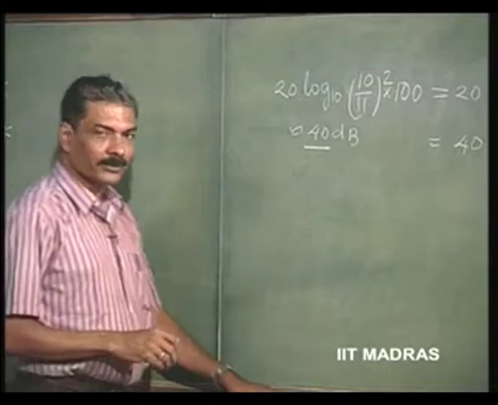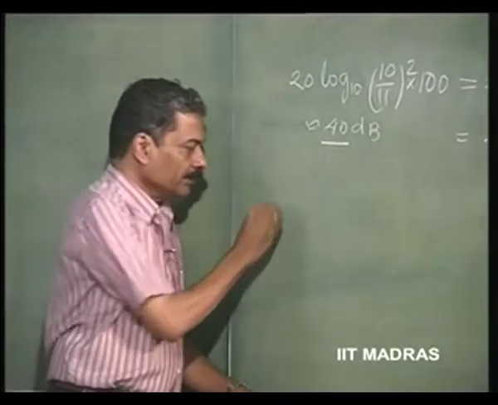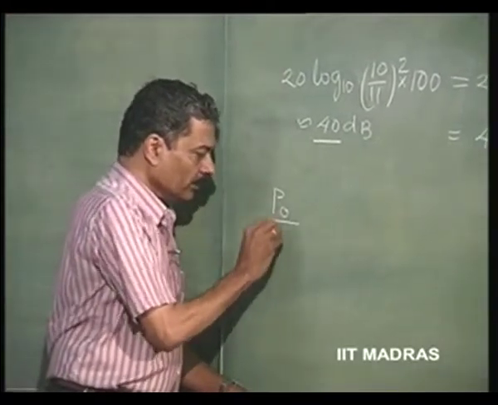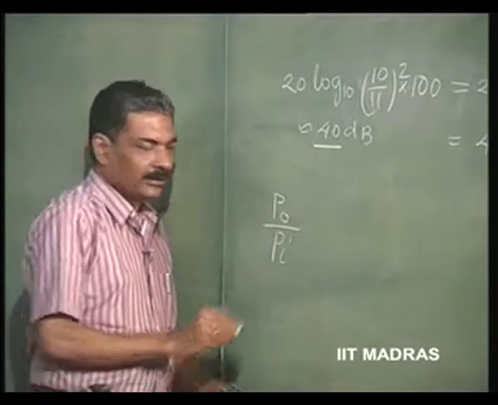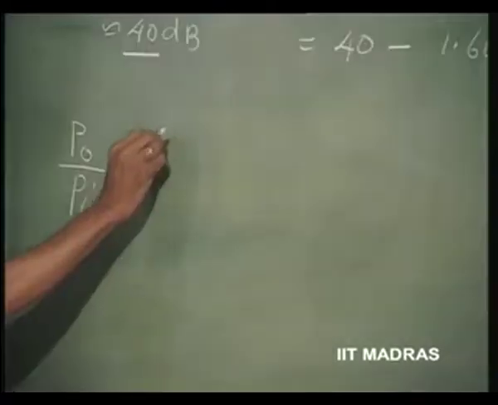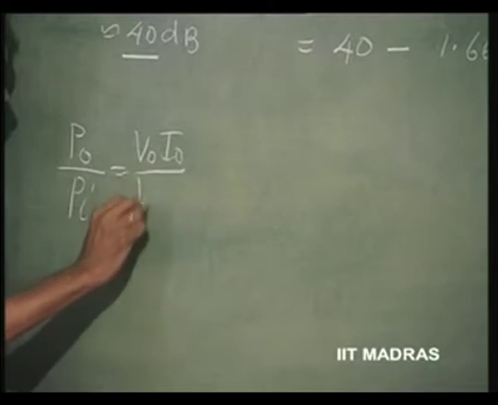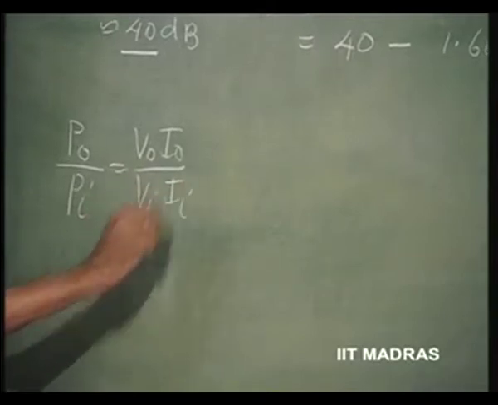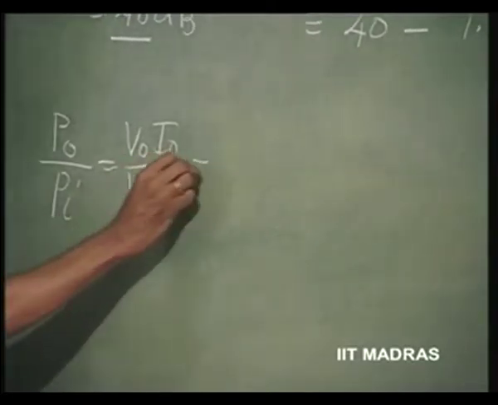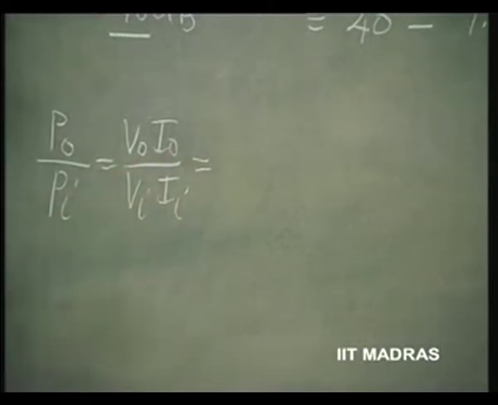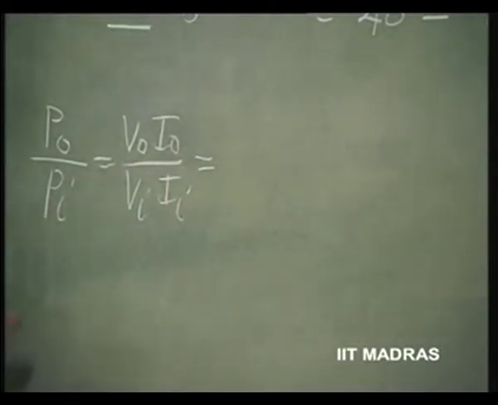Now, coming to the power gain, which is defined as P naught over P I, which is nothing but V naught I naught divided by V I I I. This can be either represented solely in terms of voltage gain or current gain in the following form.